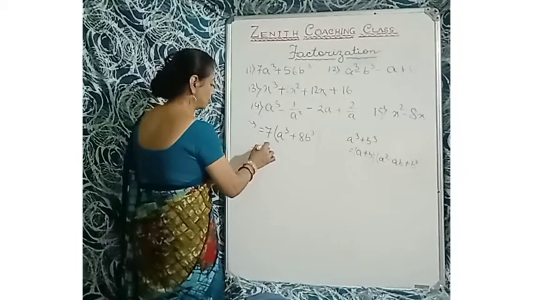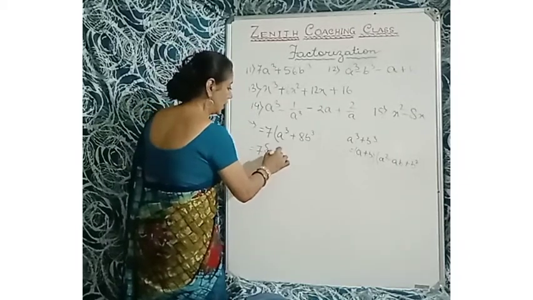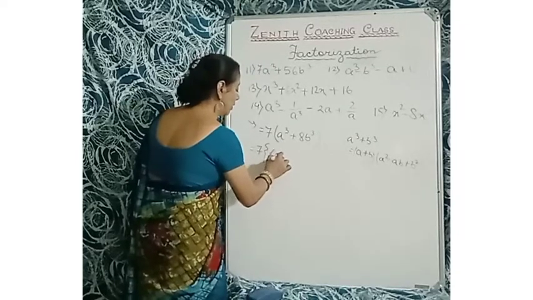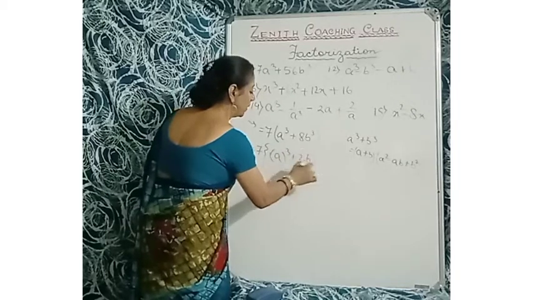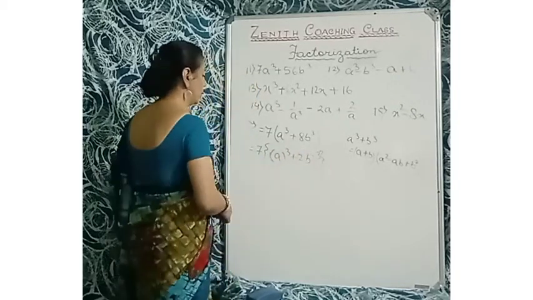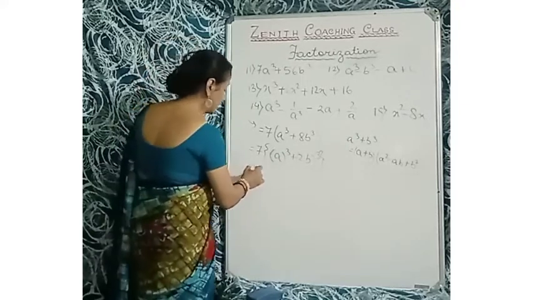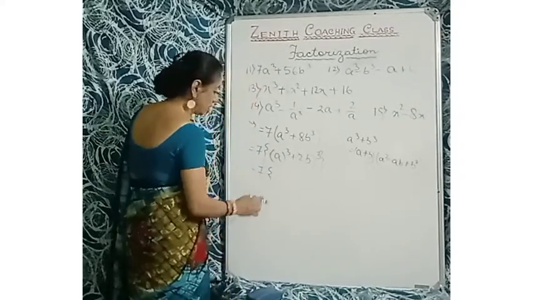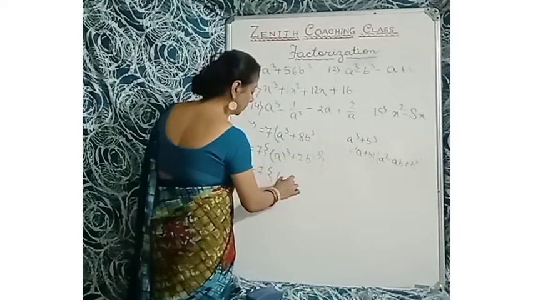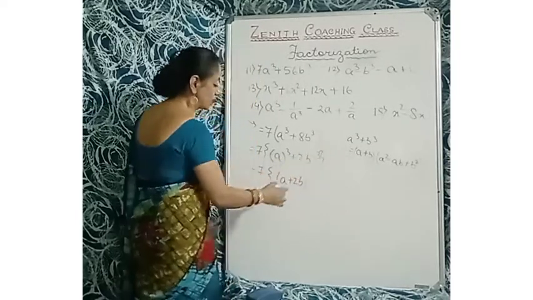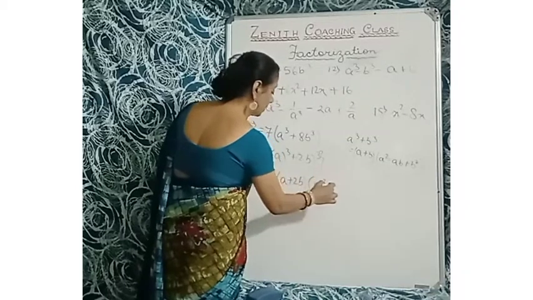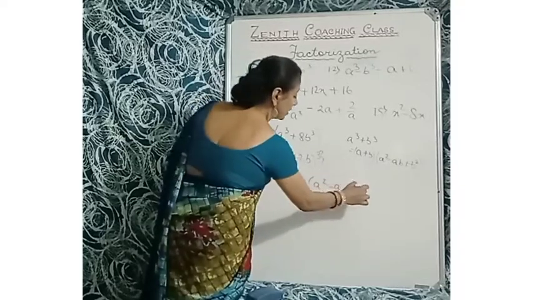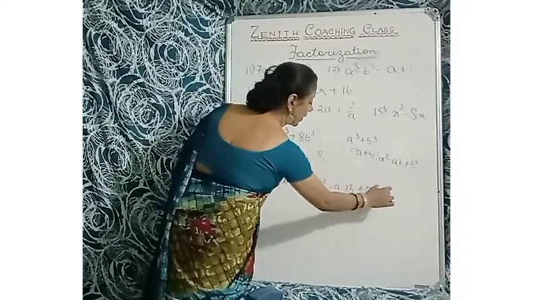So 7, a plus b, sorry. So a cube plus 2b whole cube. Write it here: a plus b, that is a plus 2b multiplied by a square minus ab, so a multiplied by 2b, plus b square, that is plus 2b whole square.